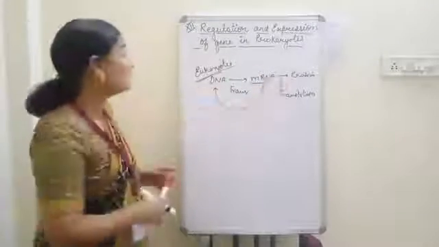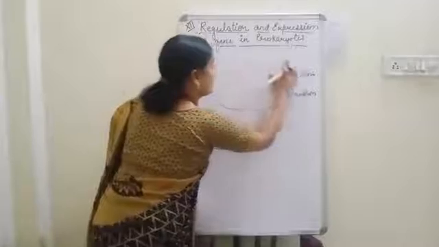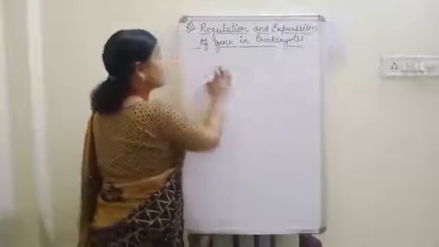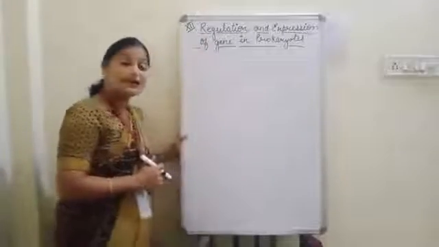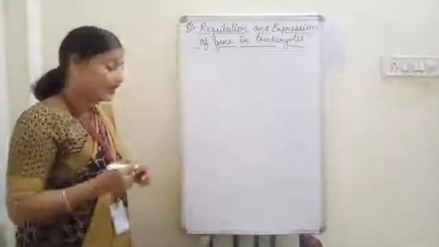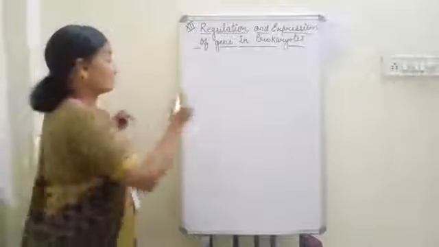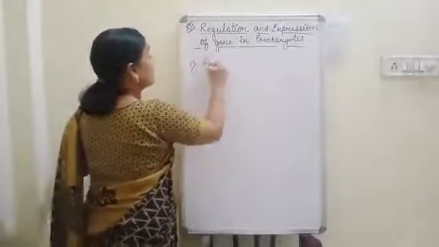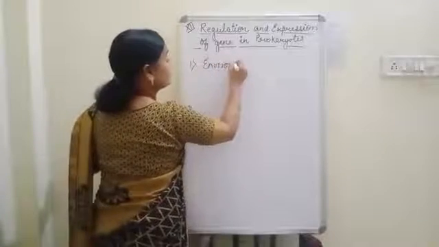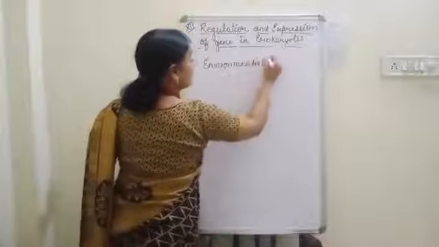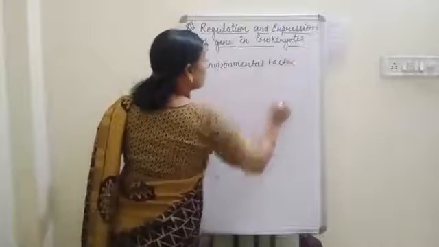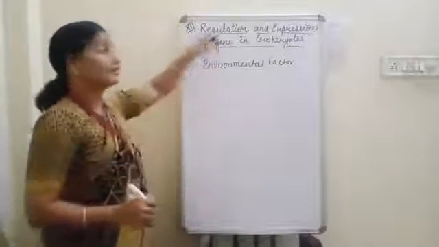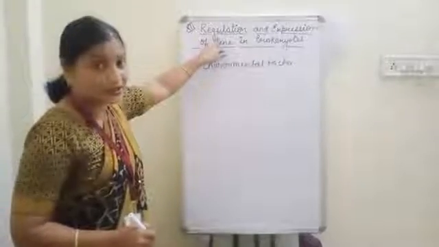Clear? But in the case of prokaryotes, now our topic is gene expression in prokaryotes. In prokaryotes, the important factor is the environmental factor. This environmental factor affects the regulation and expression of the gene.